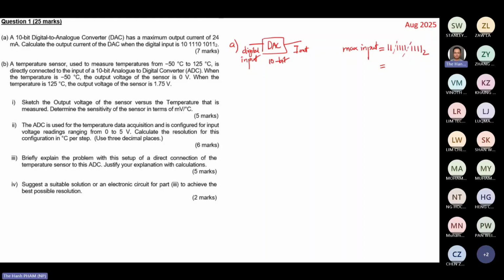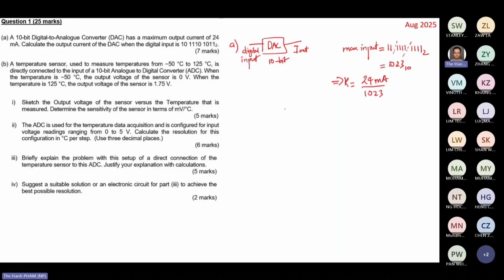This one should be 1023 in decimal. So from here you can easily see K should be 24 milliampere divided by 1023.